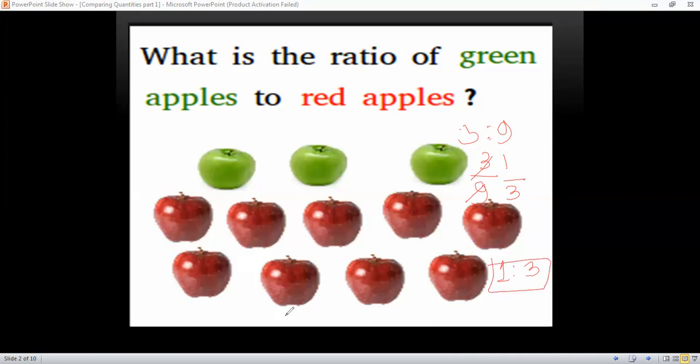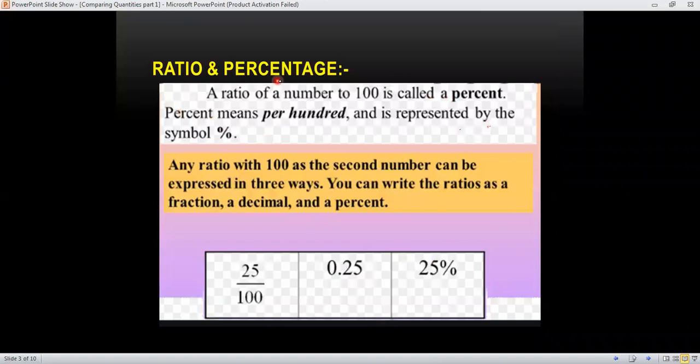Now let's understand the relation between ratio and percentage. A ratio of a number to 100 is called a percent. Percent means per 100 and is represented by this symbol.